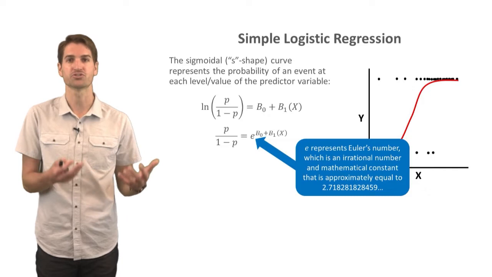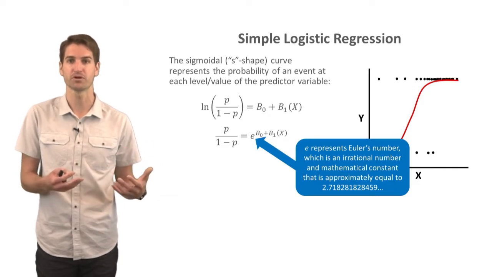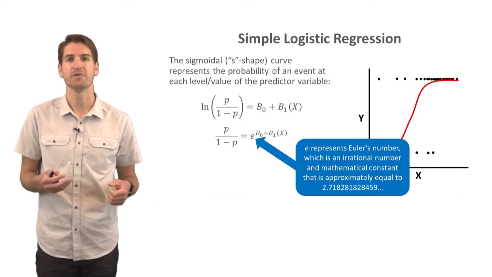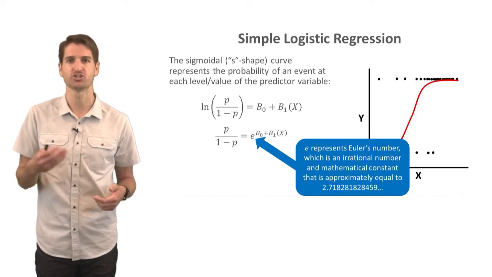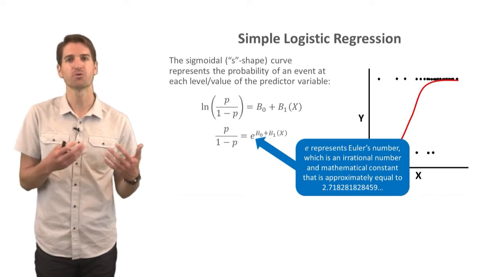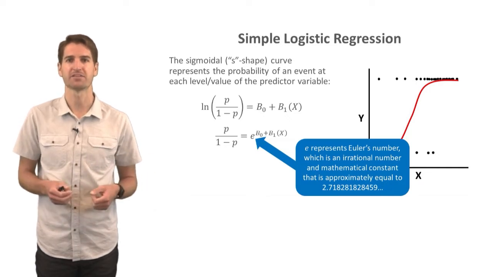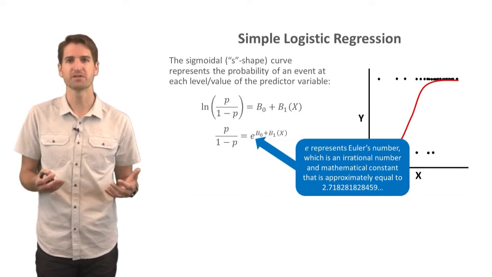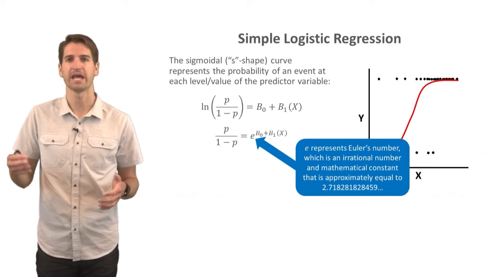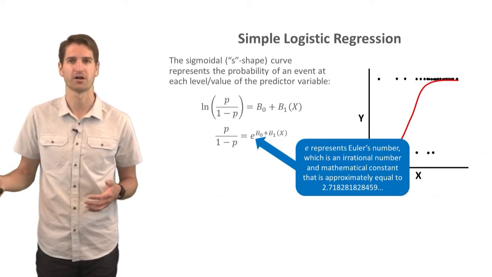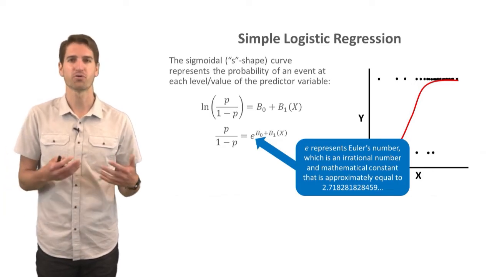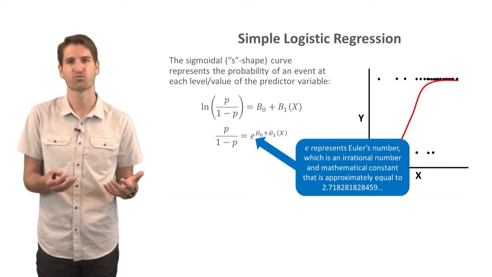So Euler's e represents Euler's number, which is an irrational number, meaning it is not the ratio between two integers. And it's also a mathematical constant, much like the idea of pi in mathematics. Now, it's approximately equal to 2.71828, and so on. It goes on and on and on. And so it's important to remember that this is what e stands for in this context.